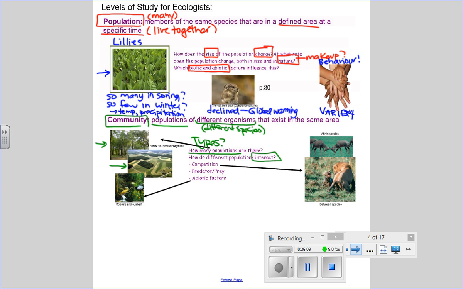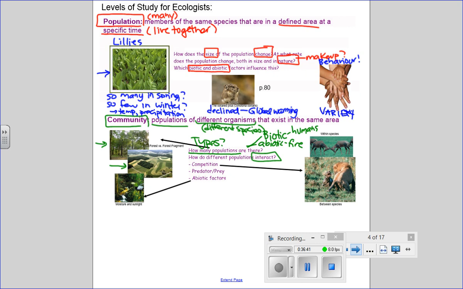But when you see a huge population versus a bunch of small populations that are fragmented, you could ask yourself, what kind of factors would cause that to happen? So a biotic factor could be humans cutting them down. An abiotic factor could be a fire. Lots of fires are started simply because it's dry outside, and so it doesn't have to necessarily be a human.